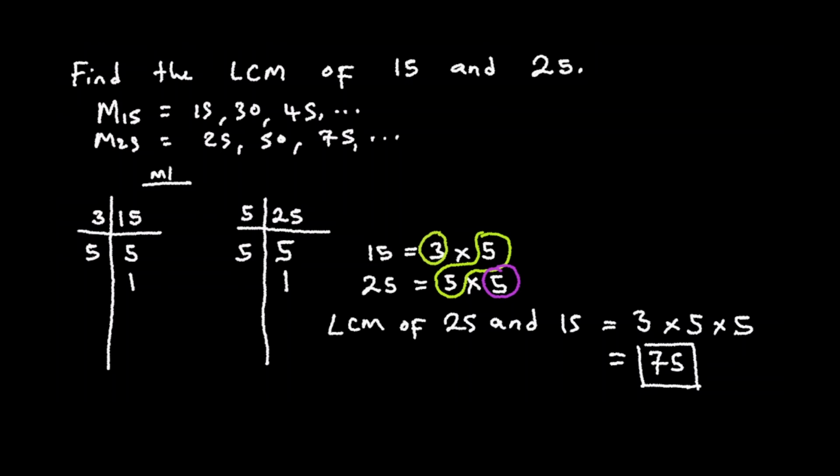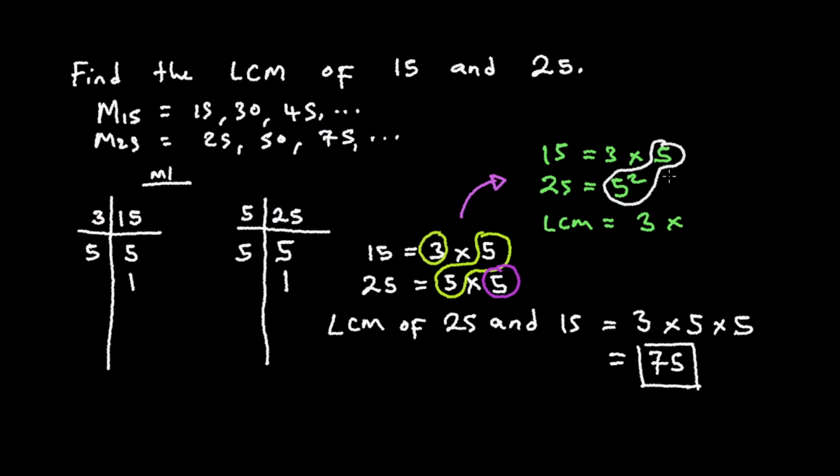Another way you can do it is this one. The way is that you say 15 is equal to 3 times 5, then 25 is equal to, instead of writing 5 times 5, you say 5 squared. Then when you want to find the lowest common multiple, you start by taking 3 standing alone, then times, then you see here that this 5 exists in both, like this, they are common.